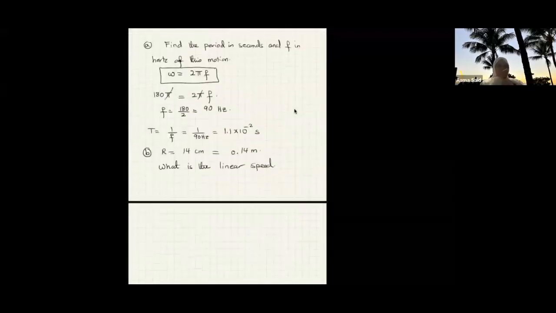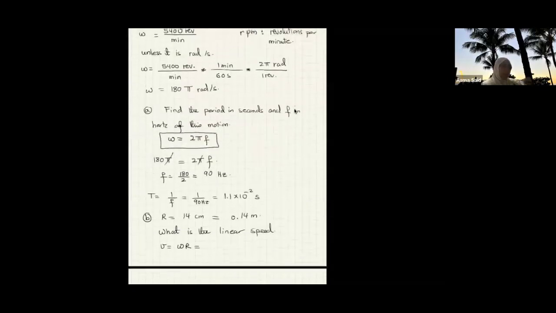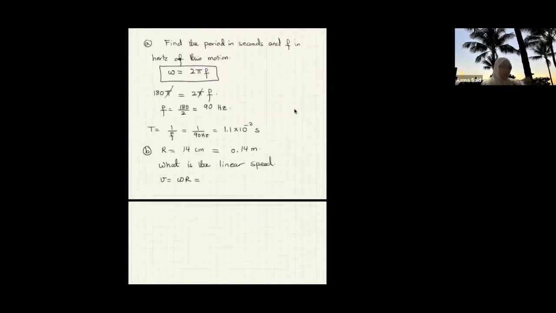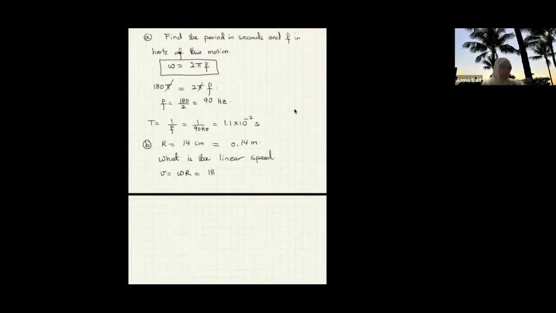For the linear speed, we are going to say v is omega times r. Here, I need to have my omega in radians per second. So I will say 180 pi radians per second times 0.14 meters.